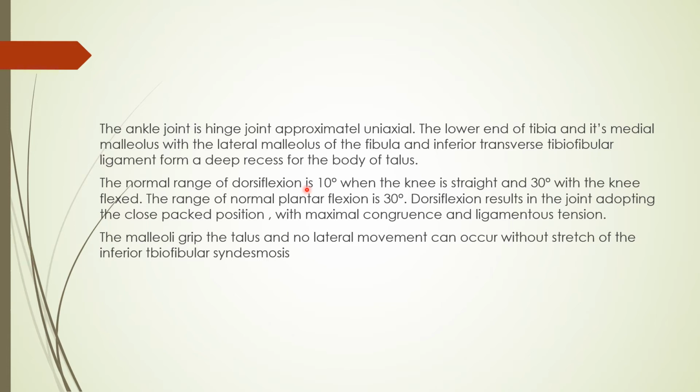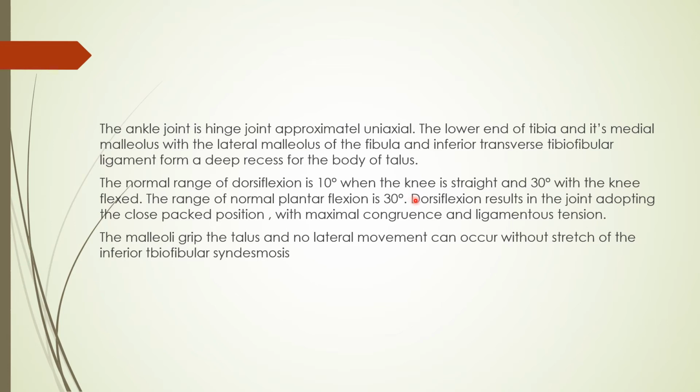If this angle is reduced by the upward movement of the foot by 10 degree, this angle becomes 80 degree, when the knee is straight, when we are standing straight. So reduction in the angle, normal 90, between the front of leg and dorsum of foot.